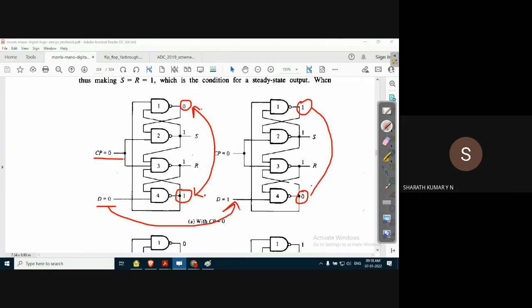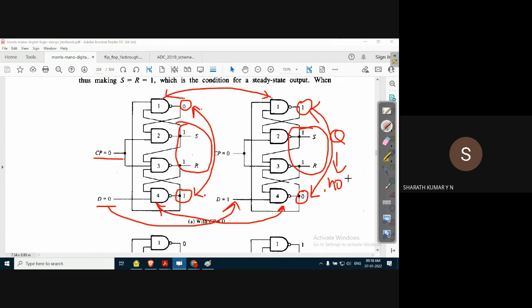That means when D has changed, first gate and last gate outputs have complemented, but S and R are still at logic 1, which will make sure that Q does not change. No change in Q. This is our ultimate intention, as long as clock pulse is 0.